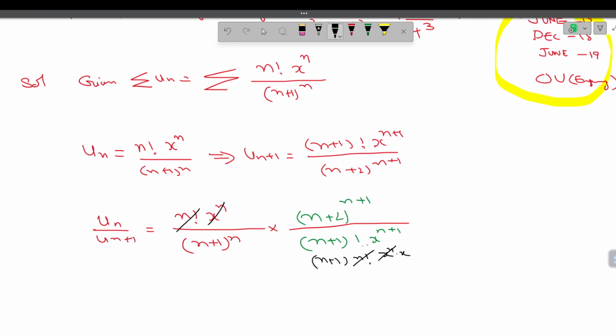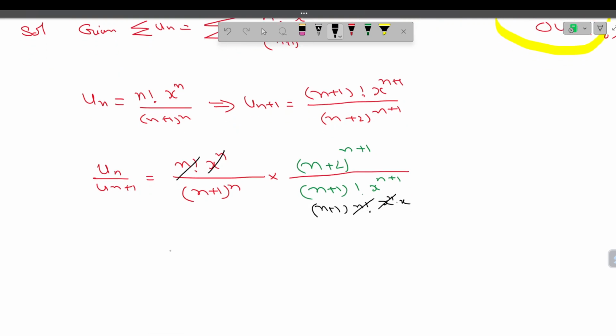So we are left with n plus 2 to the power of n into n plus 2 in the numerator, and in the denominator n plus 1 whole to the power of n into n plus 1.